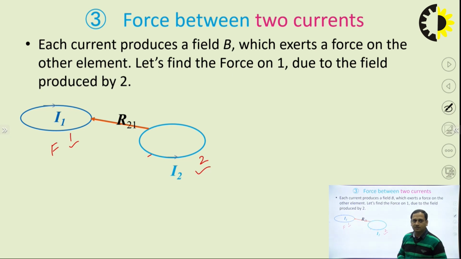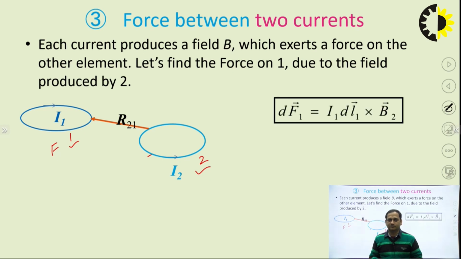The same scenario which we discussed in the previous slide, we apply here. So dF1, the force exerted onto loop number 1 or element number 1, is equivalent to I1 dl1 cross B2. And B2 is the magnetic field which is generated by this loop.